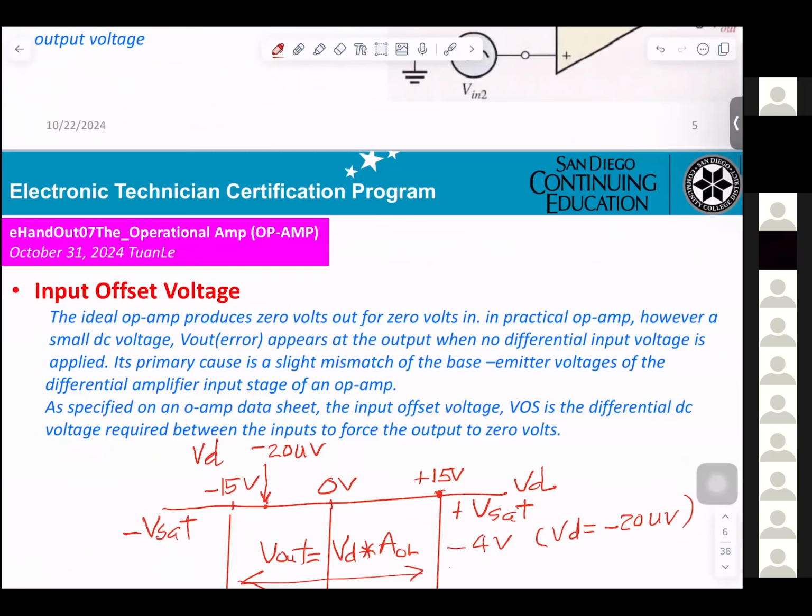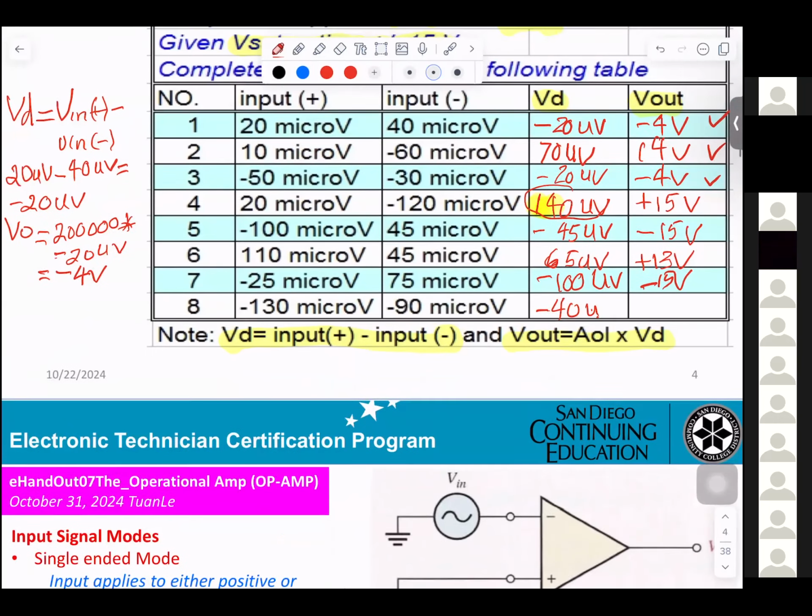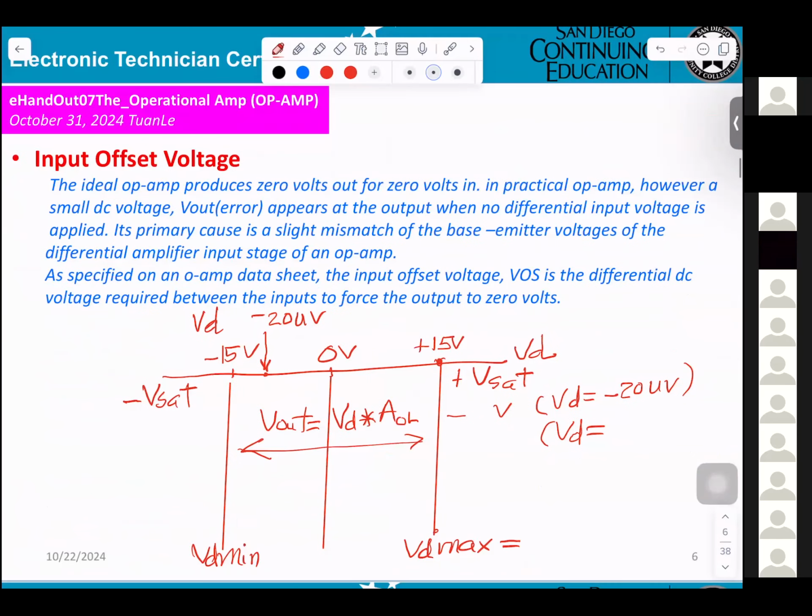Now, if you get VD equal 140 microvolt, you do your calculation and it's over 15 volt.